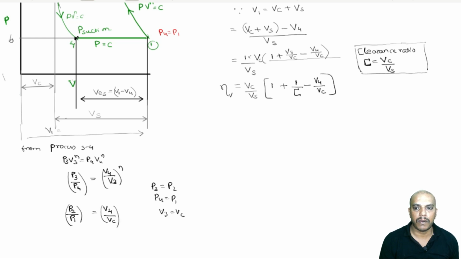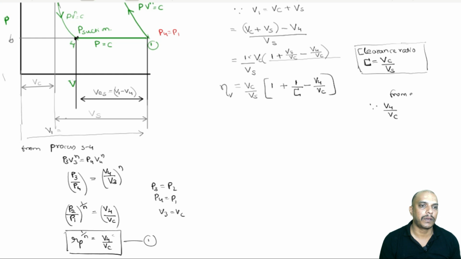So this power n comes to the other side as 1 by n. So this is nothing but Rp power 1 by n. So let us call this expression 1: from equation 1, V4 by Vc can be written as Rp power 1 by n.